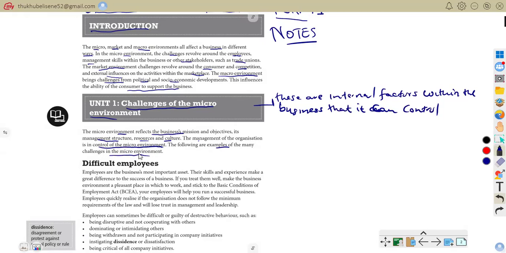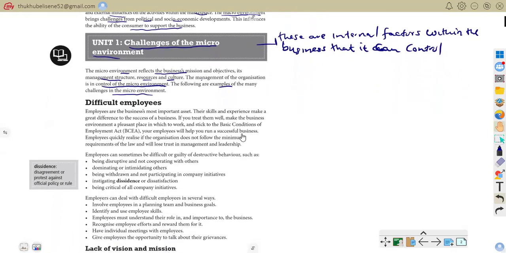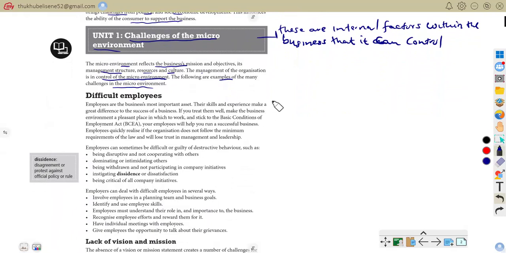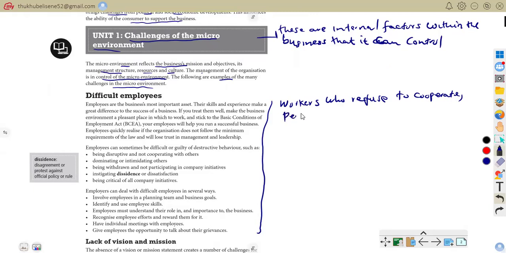Now they're talking about difficult employees. When you're talking about difficult employees, we're talking about workers who refuse to cooperate, perform poorly, or cause conflict.